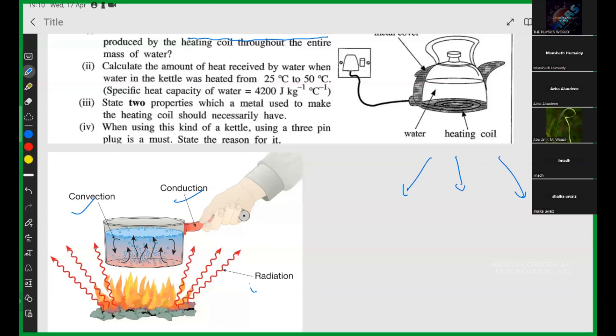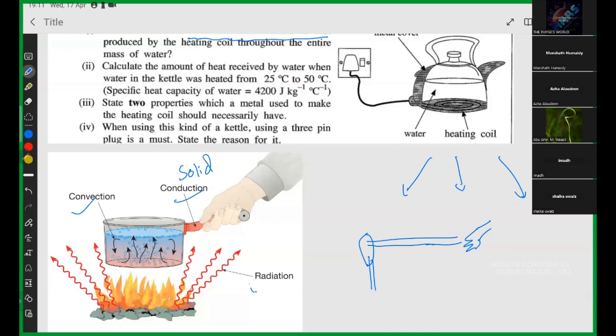So when you look at each one of these methods, first let's focus on conduction. Usually conduction happens in solid substances. For example, when you hold a metal rod to a fire, you can see that the heat from the flame will travel through the rod, and that would reach your hand as well.